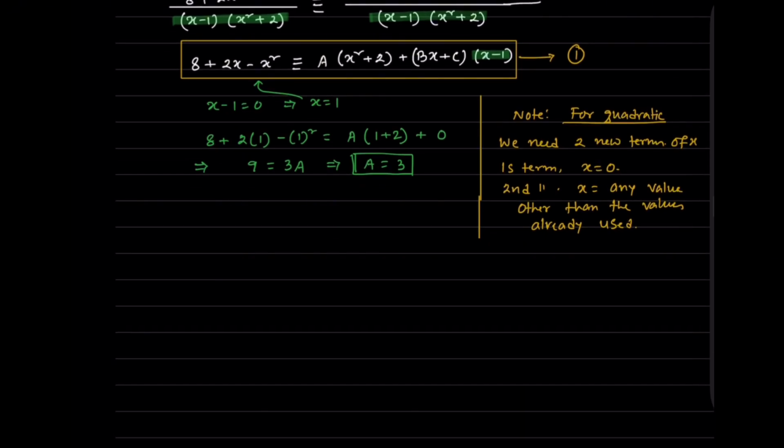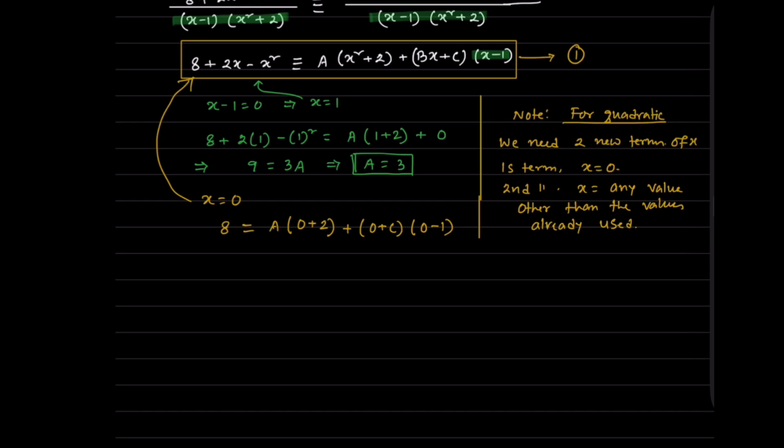It means now we take x equals 0. Put x equals 0 in the main equation: the left side is 8, since 2x and x square are 0, equals a times (0 plus 2), and bx will be 0, plus c into (0 minus 1).